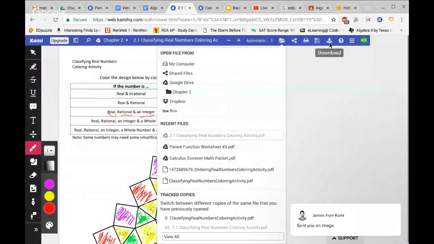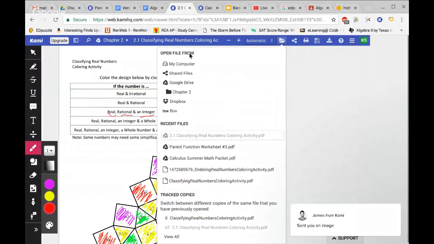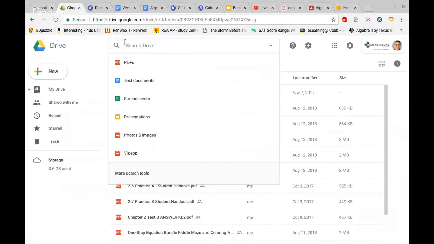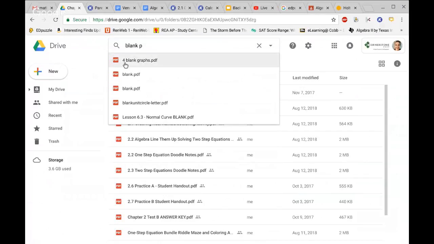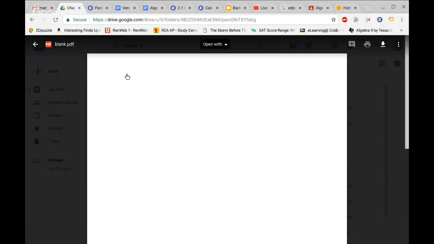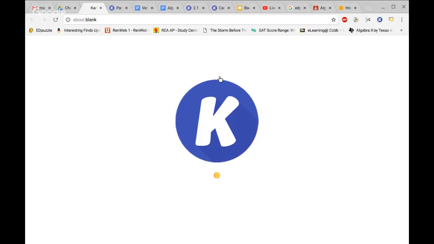Rude. It is so bad. Please let it be blank. Sometimes I open these blank PDFs and they're not really blank.